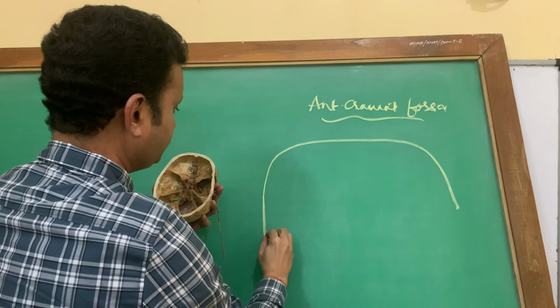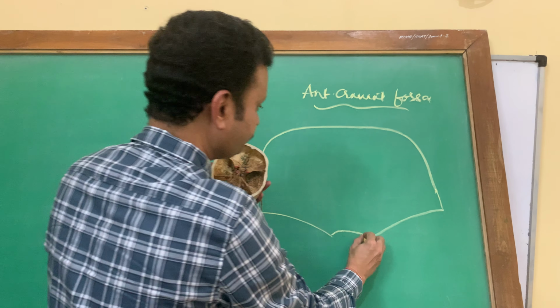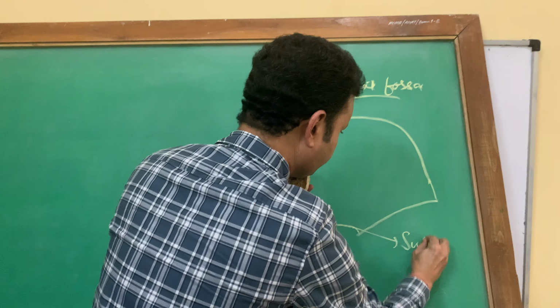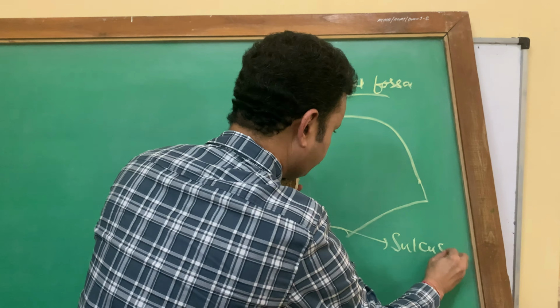This is sulcus chiasmatis. This region is called sulcus chiasmatis because it is related to the optic chiasma. Superiorly, it is related to the optic chiasma.